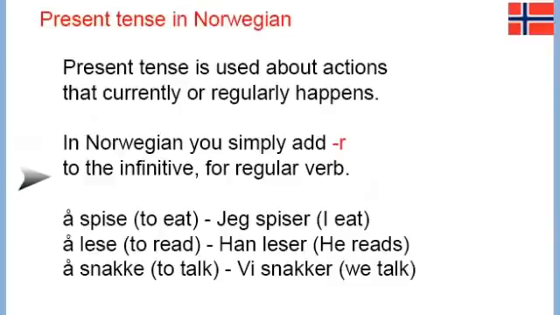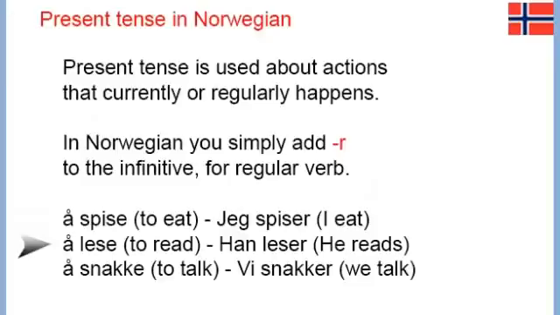For example, we can take a few examples here. Å spise means to eat. If I'm to say I eat, or I'm eating: jeg spiser. Å lese is to read. If I were to say he reads, or he is reading, I would say han leser.